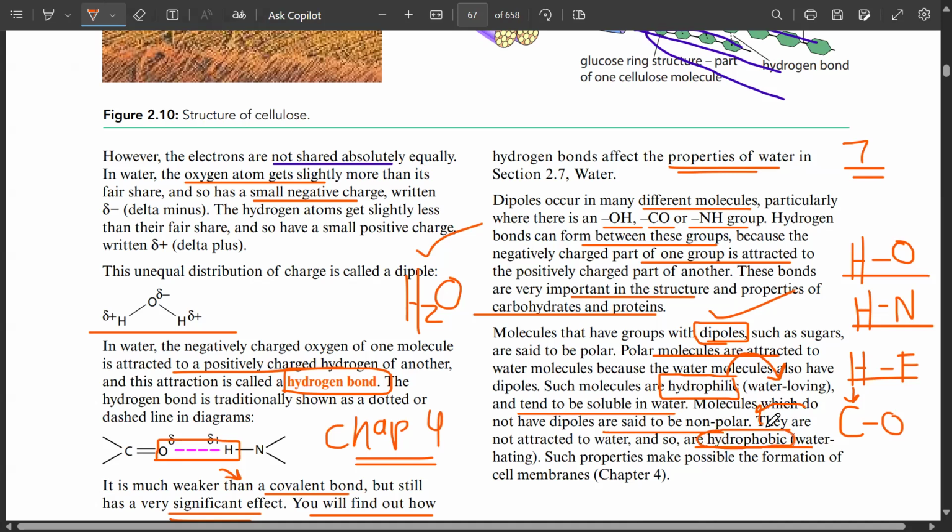So simple sugars, for example glucose, are all water loving. We can call them hydrophilic because they do react with water. They do dissolve or mix with water. But the ones which are non-polar, such as polysaccharides, are hydrophobic. They hate water. Got it?